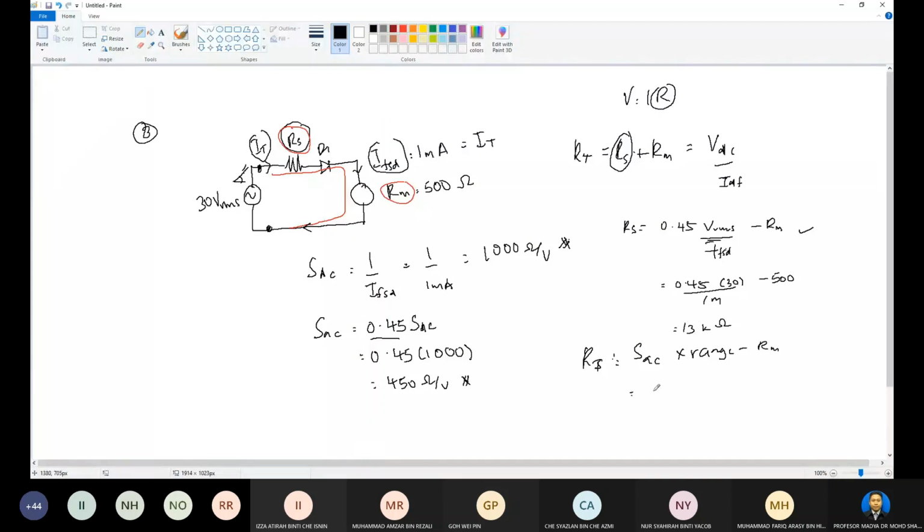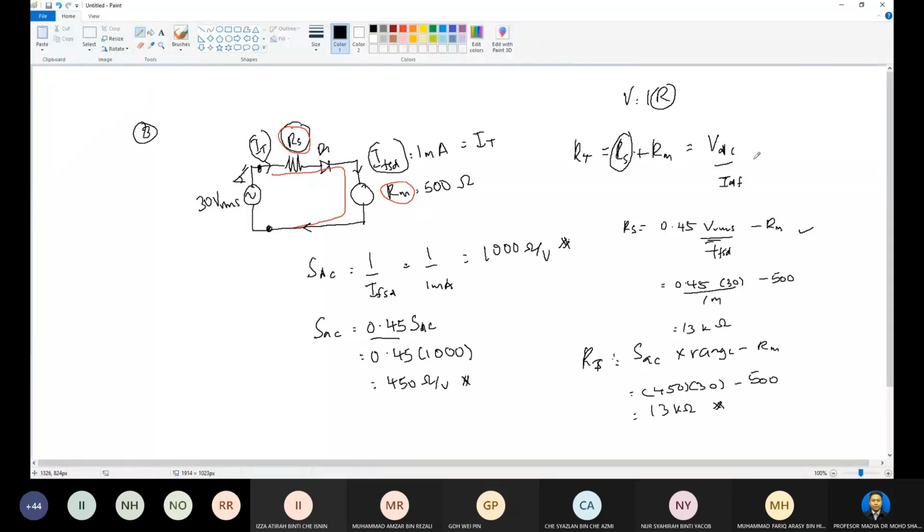So AC 450, our range is 30, minus 500, so equals 13 kilo ohms. So this is another formula.